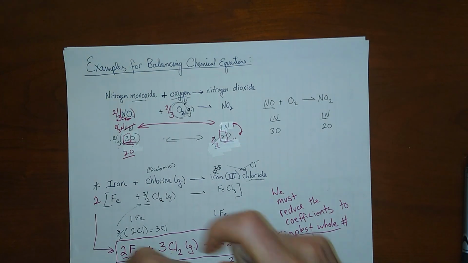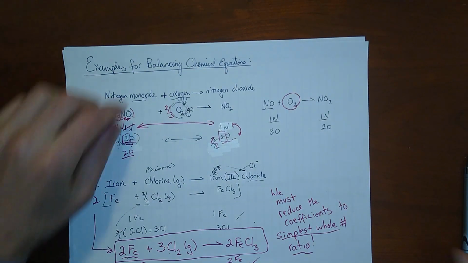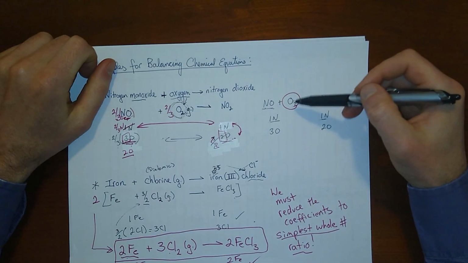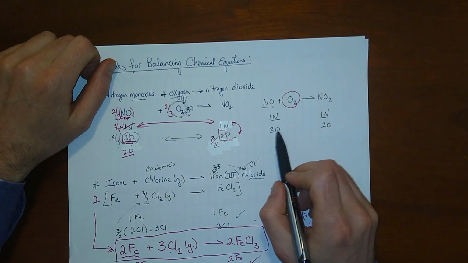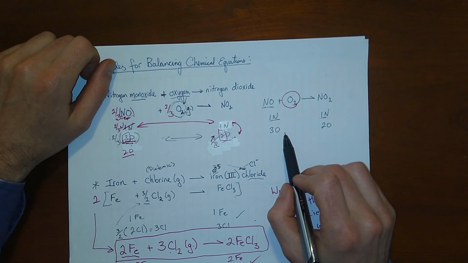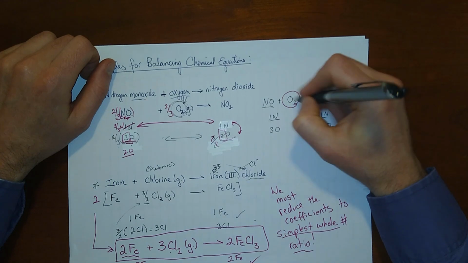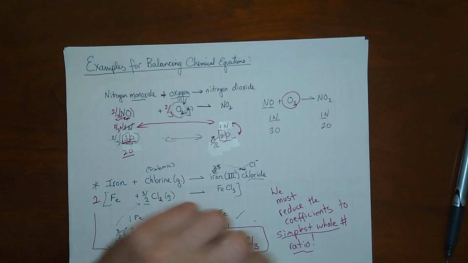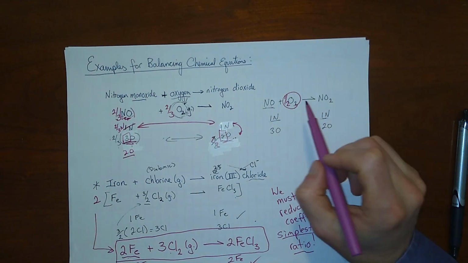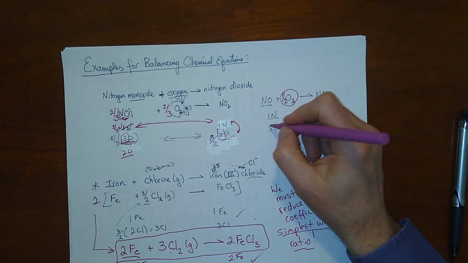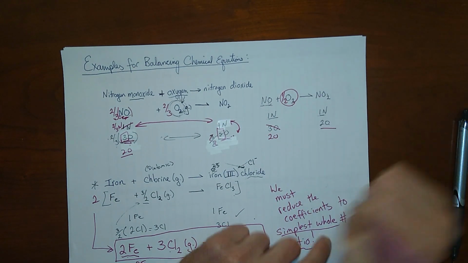But I just want to change the balance on the oxygen. And well, this compound is only involving oxygen. So that's what I want to work with really here. Is there a multiplier I can put on this that will change the number of oxygens over here to 2 instead of 3? Well, right now I have 2 here and 1 here. But if I cut this in half, so if I make my multiplier on this a 1/2, then I would have 1 oxygen from this, 1 oxygen from this, which would be 2 oxygens total, which would give me the 2 oxygens on this side that I need.